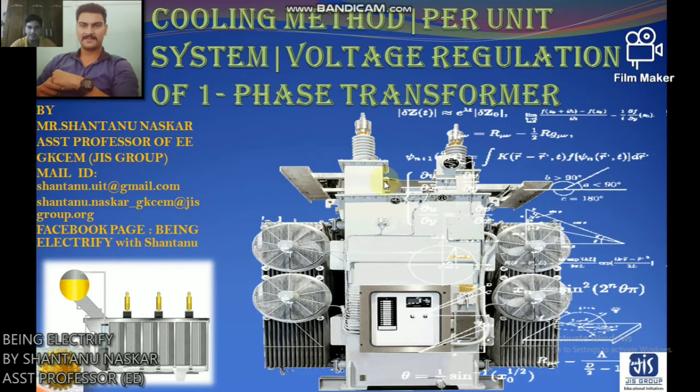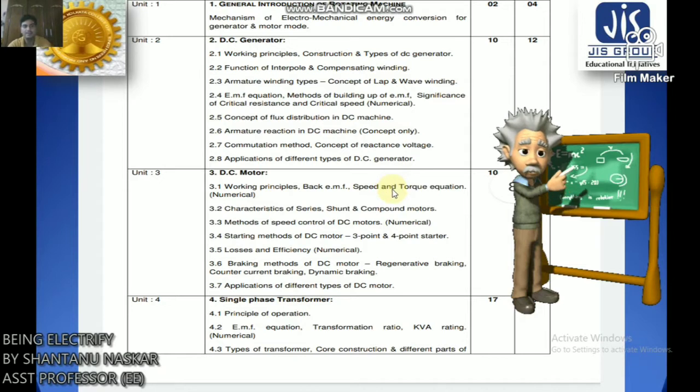So let's start. First we will discuss your syllabus. The course code is EES3EM1, which is Electrical Machine 1, and the general introduction of rotating machine, which I have already covered in my previous lectures, and also DC generator and DC motor.